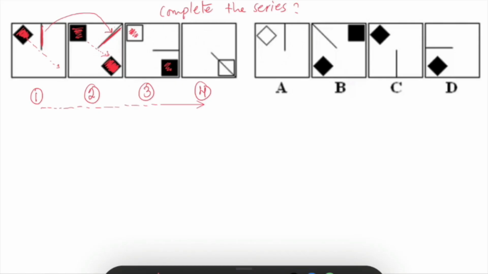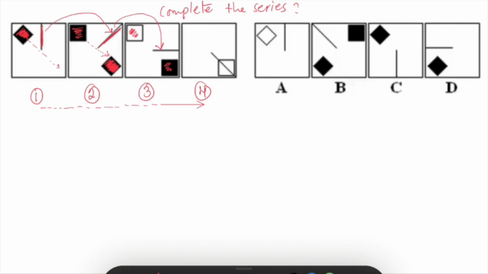Also, the line moved clockwise from the upper right corner to the middle of the right side of the square, and it is perpendicular to it.